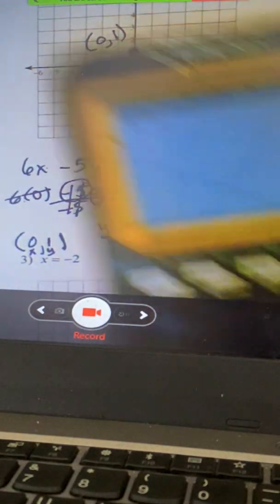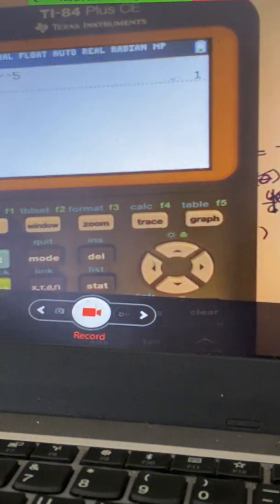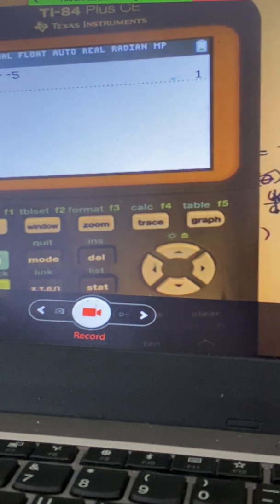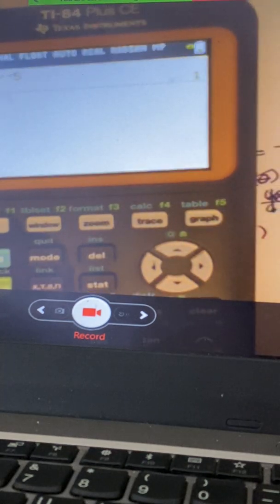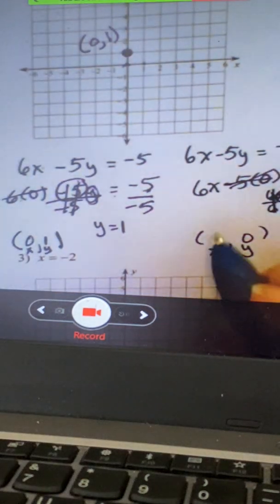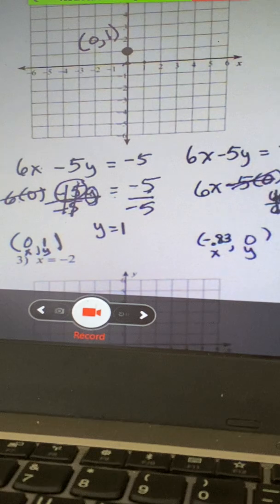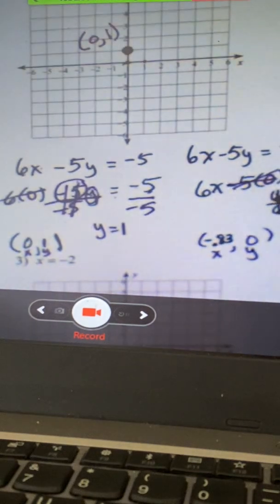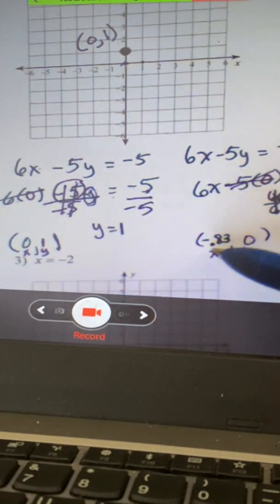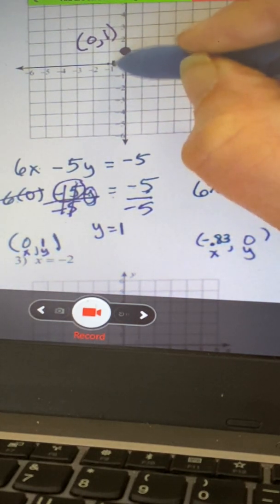Come over here with my handy dandy calculator, and I'm going to say -5 divided by 6 is -0.83. Where is that? That is between 0 and -1 on our graph, closer to the -1.